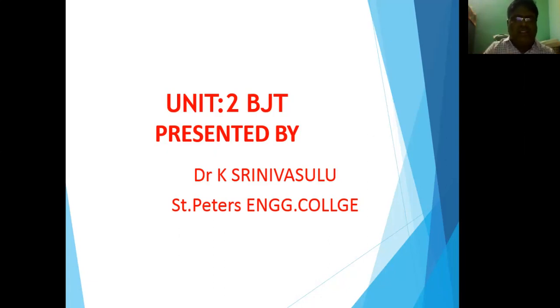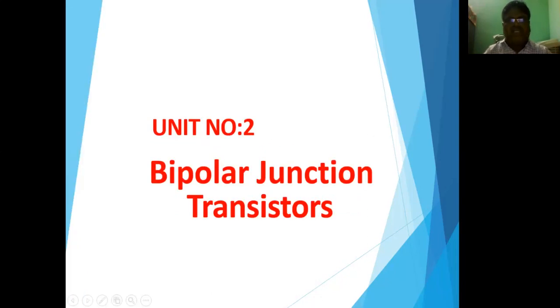Next, unit number 2. BJT full form is bipolar junction transistor: B for bipolar, J for junction, T for transistor.